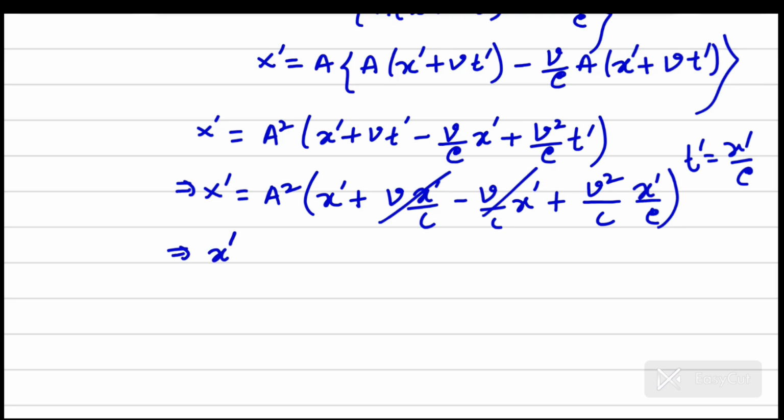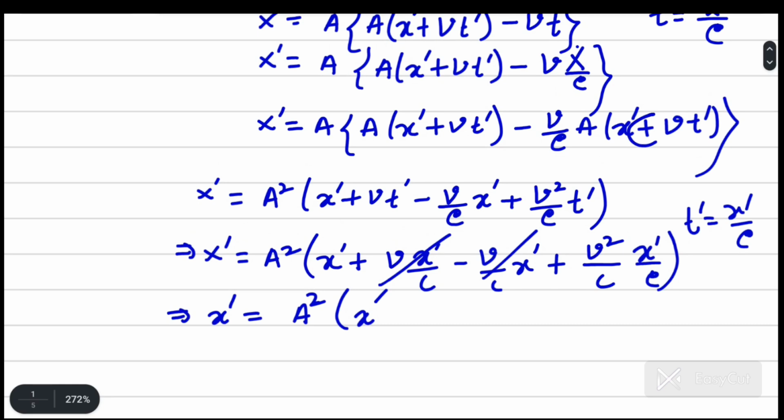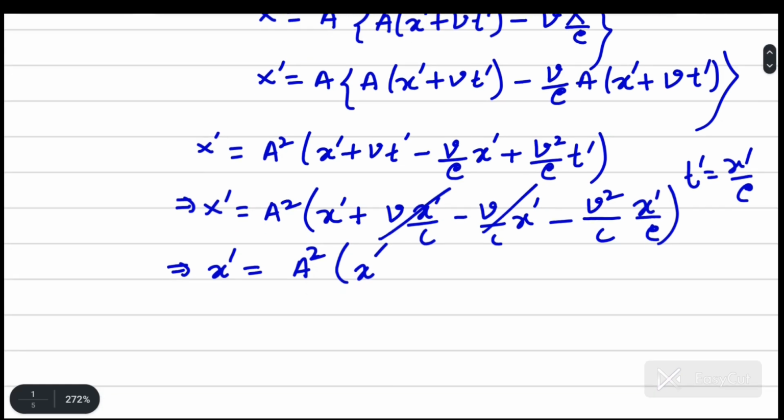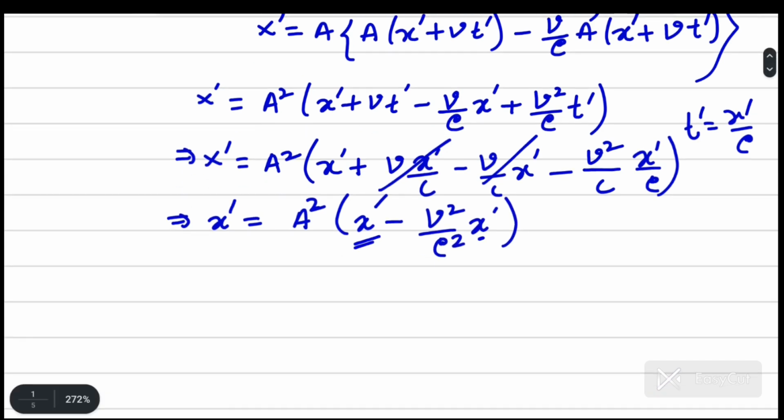So x prime equals a square x prime, I'm sorry, this is not plus, this is minus. This will be minus v square by c square x prime, and from these two terms you can see that x prime is in common.